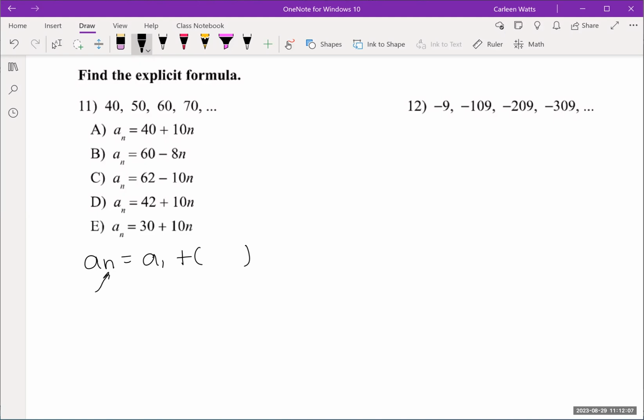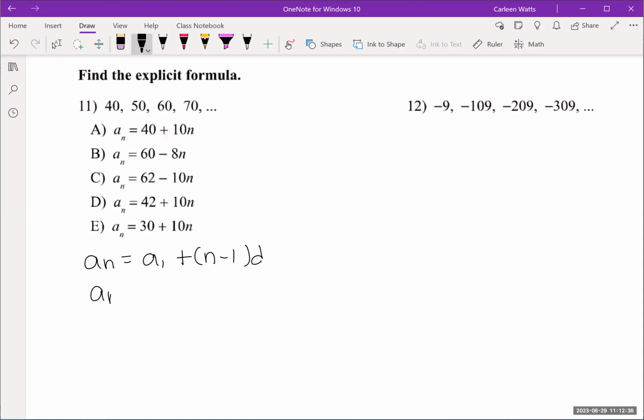Because I put an n here, we're gonna put an n here. If you put a k here, you put a k there. So just make sure they agree. And then what goes here? Times d.